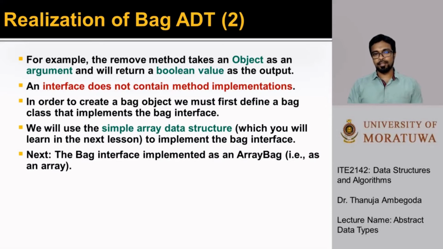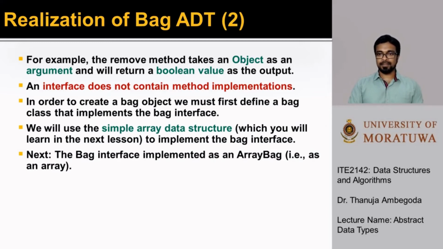So in order to create a bag object, to instantiate a bag object, the interface itself is not enough. We must first define a bag class that implements the bag interface.